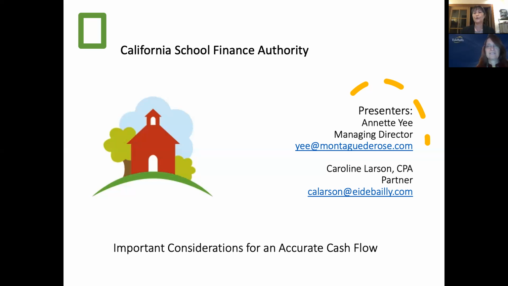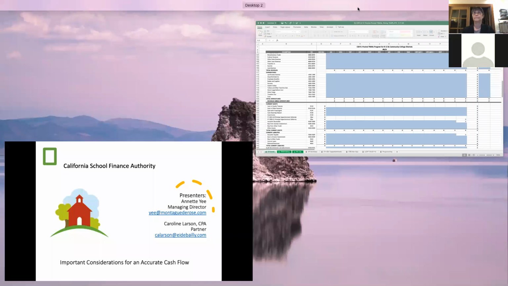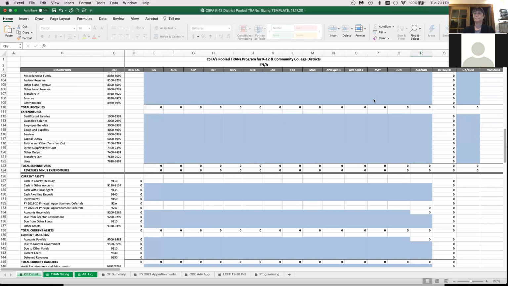Today, we're going to focus in on some important concepts to help you prepare your TRAN cash flows as accurately as possible. I'm going to switch over to the TRAN cash flow template at this point. So here is our TRAN cash flow.